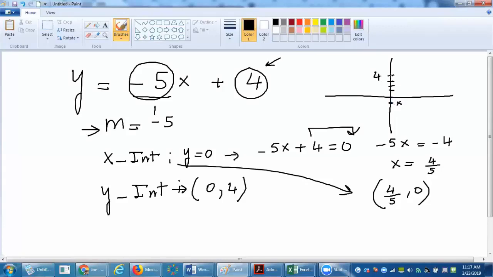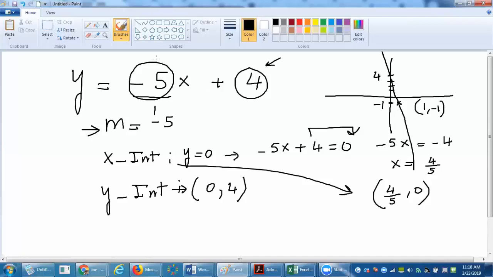So from 4, I can go 4 units to 0 and then 1 more unit to -1. That would be going down 5 units. But then, because of the plus 1, I have to go to the right 1. So this point here has coordinates (1, -1). So all I have to do is join those two points, and that would be the graph of the line.